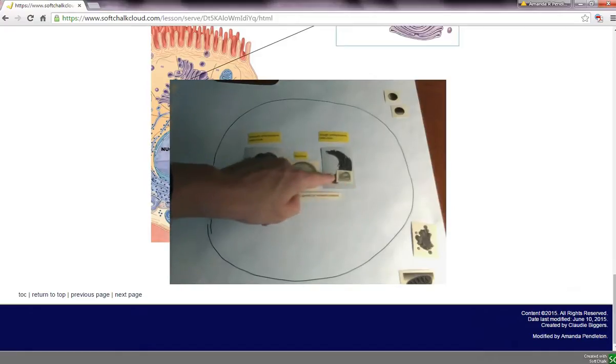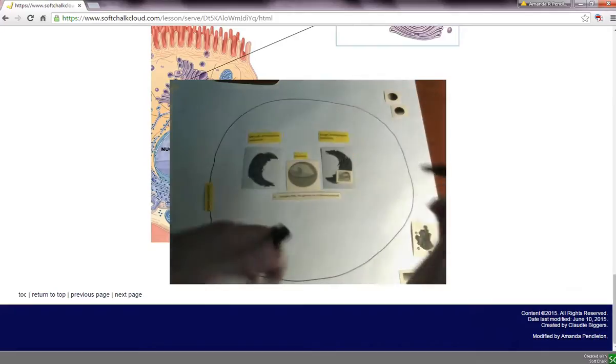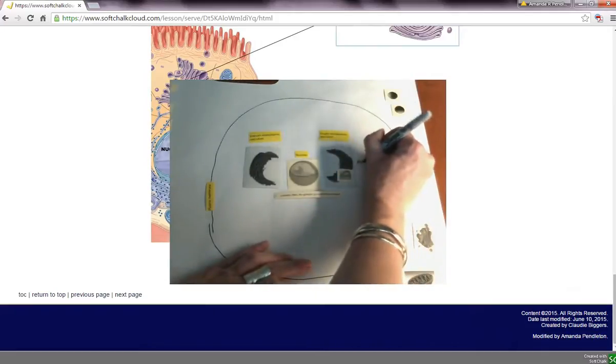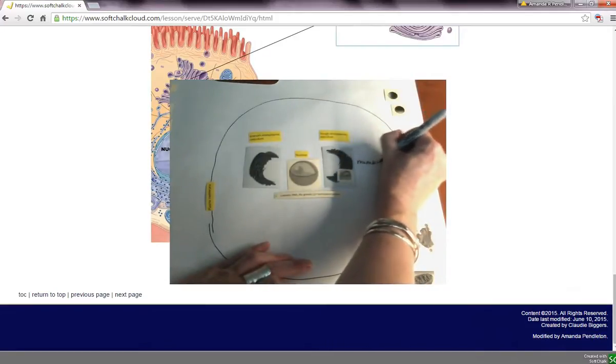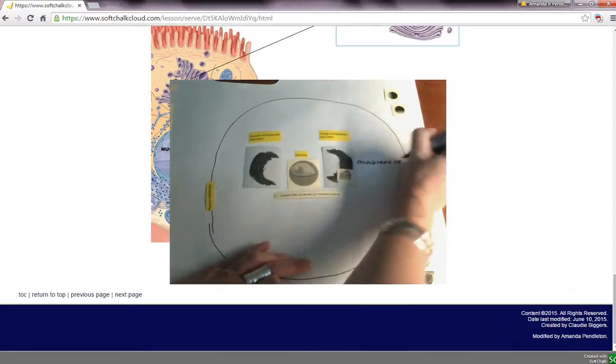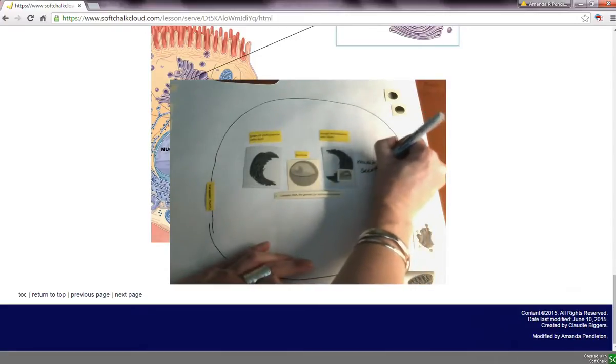And so rough ER is going to help make protein because ribosomes are attached to it. What types of proteins? Membrane proteins. Okay. Proteins that are either embedded in the membrane or secreted proteins. And we could even write that over here to remind ourselves, membrane or secreted proteins.